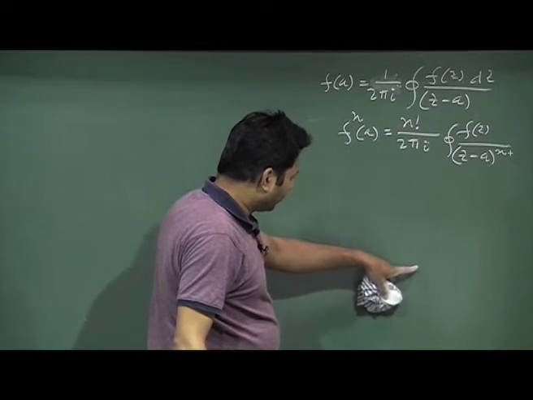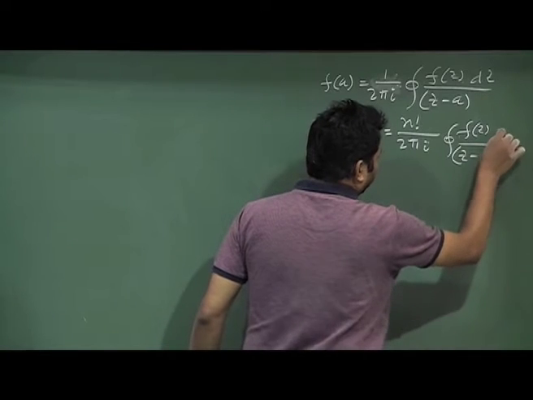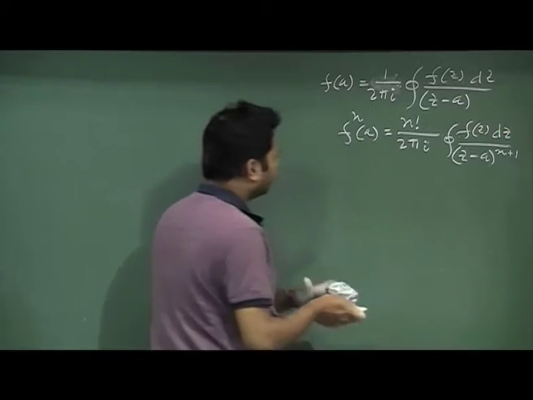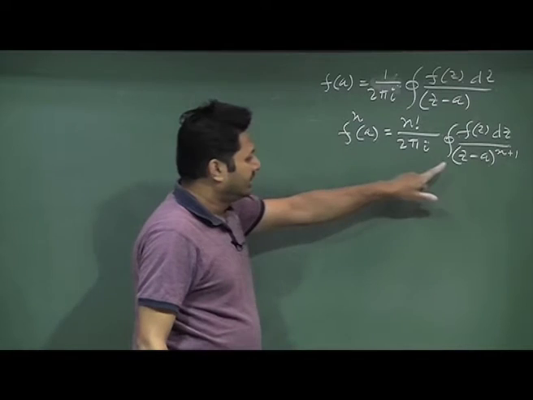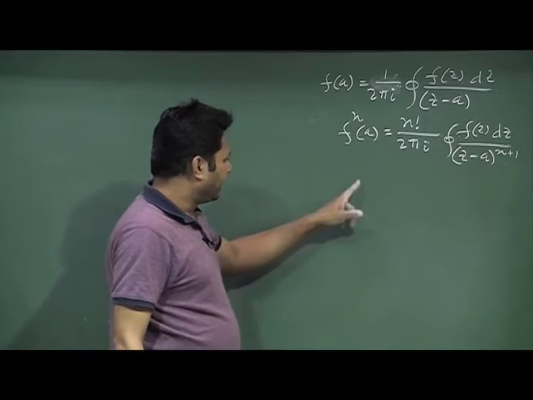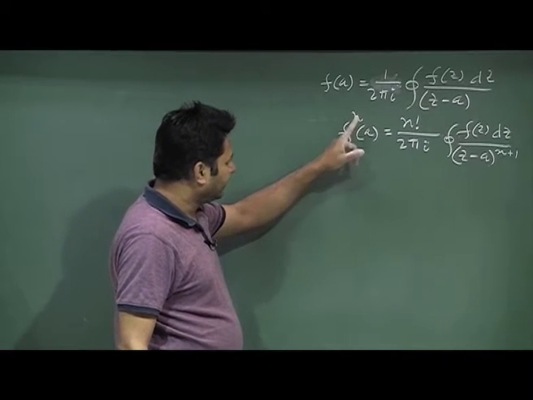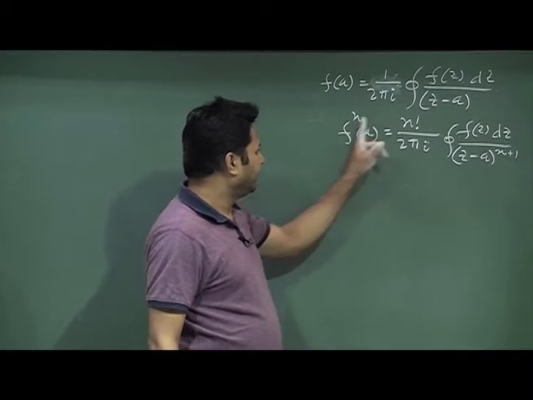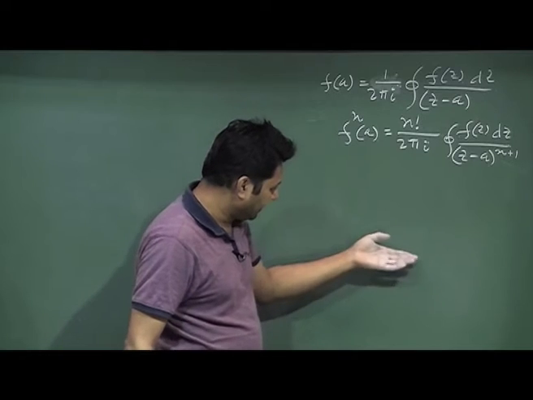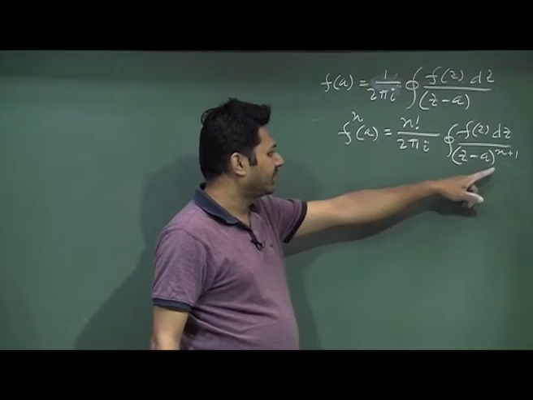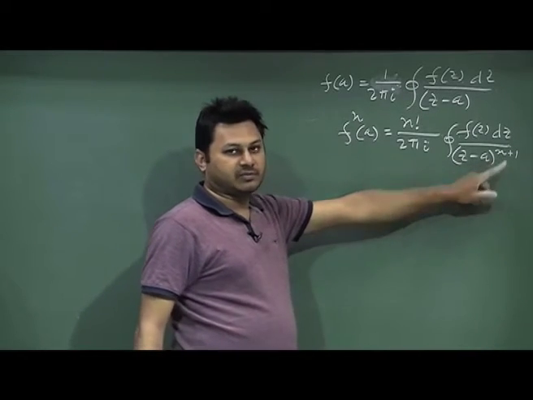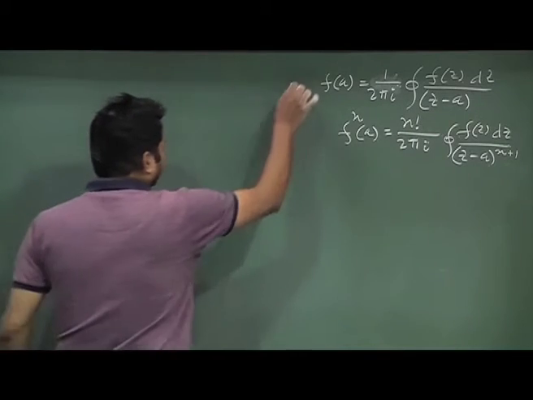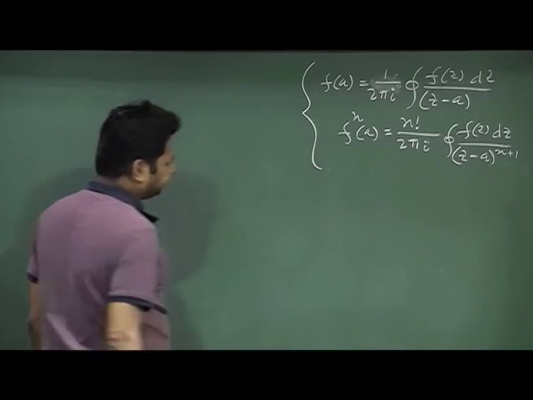I do not remember what I wrote here, but it should be n plus 1, because every time you differentiate, when it was 1, the power here was 2. So, when it is n, it should be n plus 1. So, this formula is in my hand.